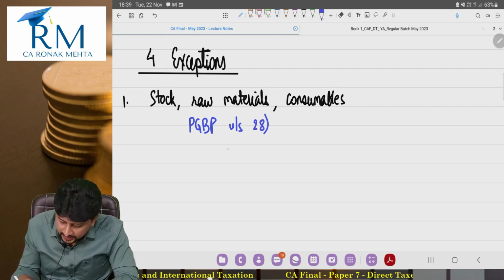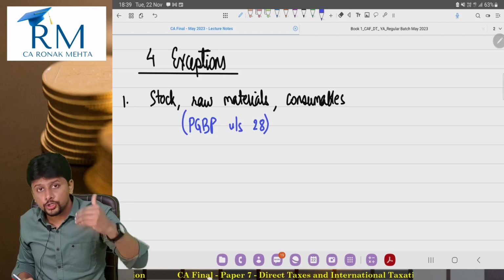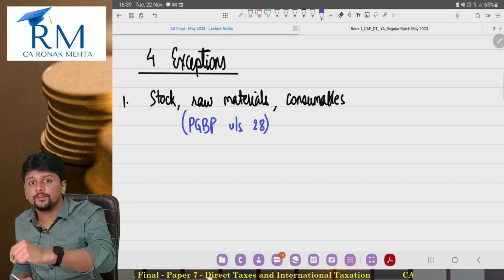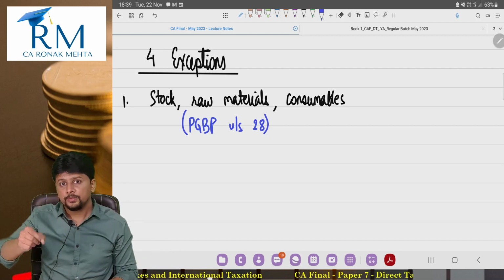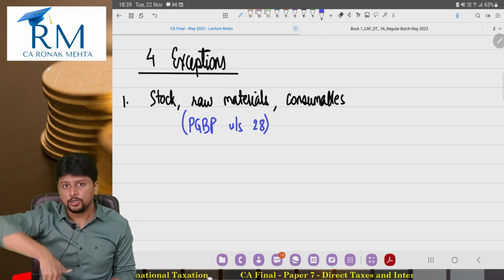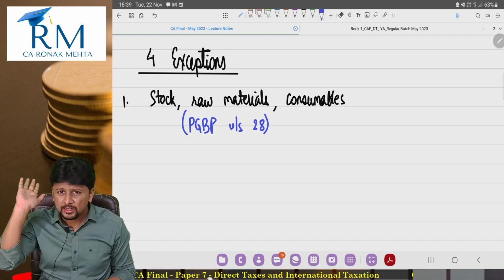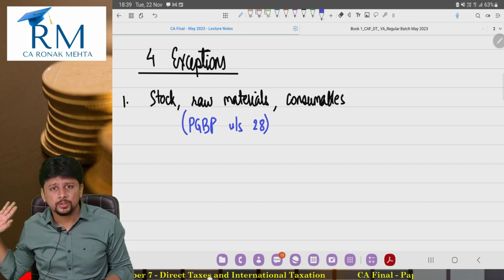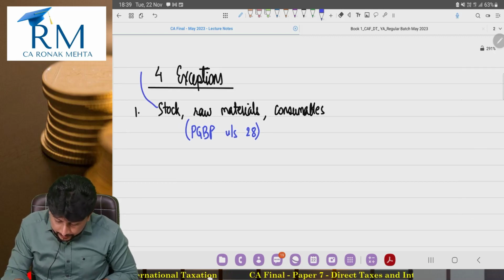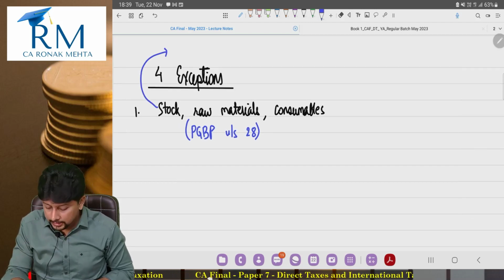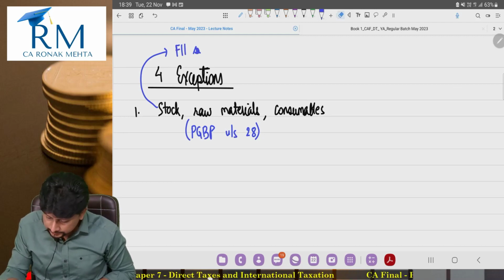Under PGBP the charging section is 28. Then should section 45 apply to stock in trade? Should not. Income is to be taxed under the head PGBP, na, not under capital gains. So we said, okay, stock in trade, raw material, consumables are not capital assets. Remember that this stock in trade does not include the FII securities.